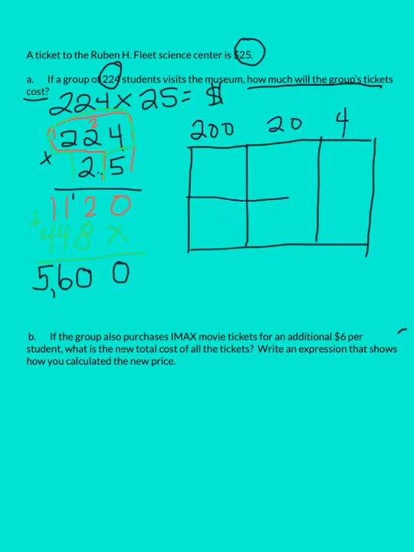224, breaking up into the place value, 200, 20 and 4, and 25 into 20 and 5. I like to change my color for when I'm working inside of my area model. 2 times 2 is 4 with 3 zeros, 4,000. 2 times 2 is 4 again with 2 zeros this time.